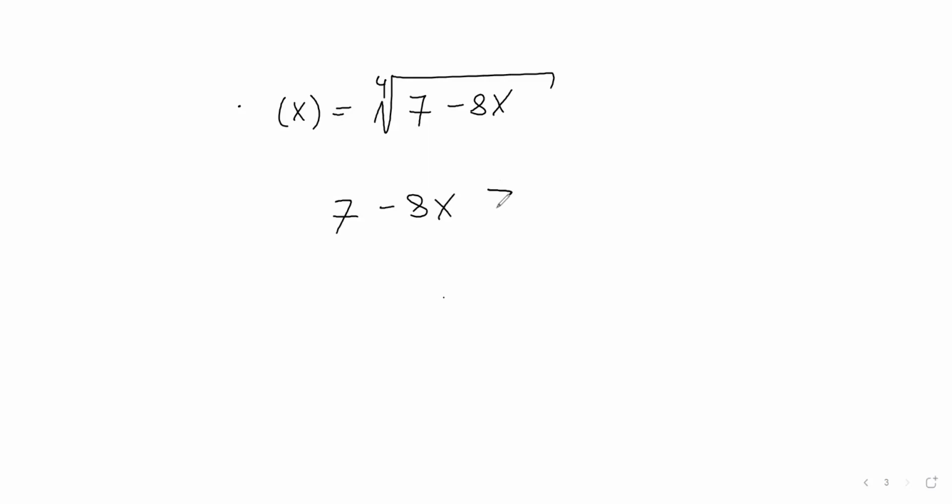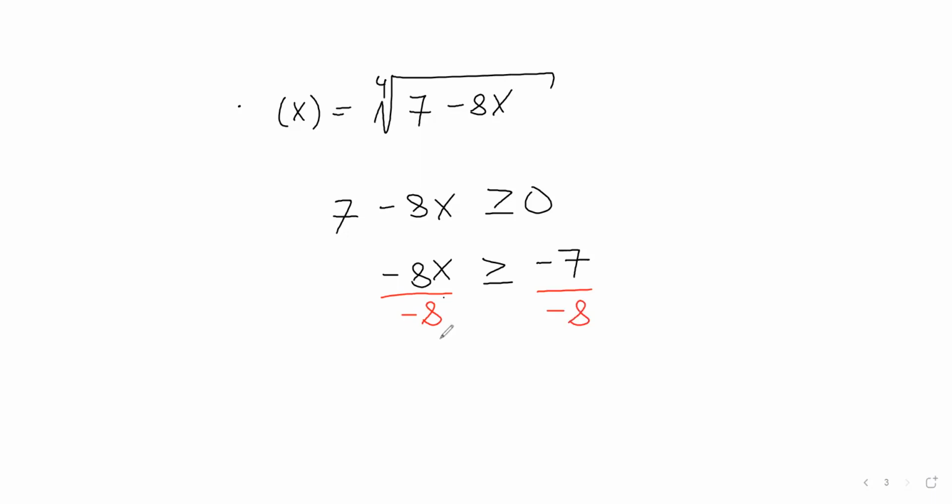Again, if I have a radical, I use this inequality symbol. I would subtract 7 to both sides, leaving 8x greater than or equal to negative 7. Now here you're dividing both sides by a negative.